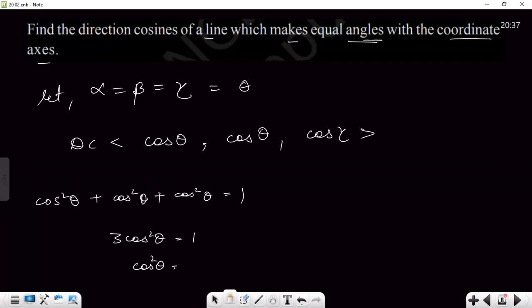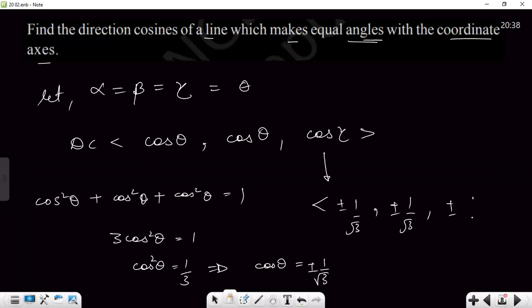Cos square theta is 1 by 3. So cos theta becomes plus minus 1 by root 3. So our direction cosines are plus minus 1 by root 3, plus minus 1 by root 3, plus minus 1 by root 3. Is this question clear?